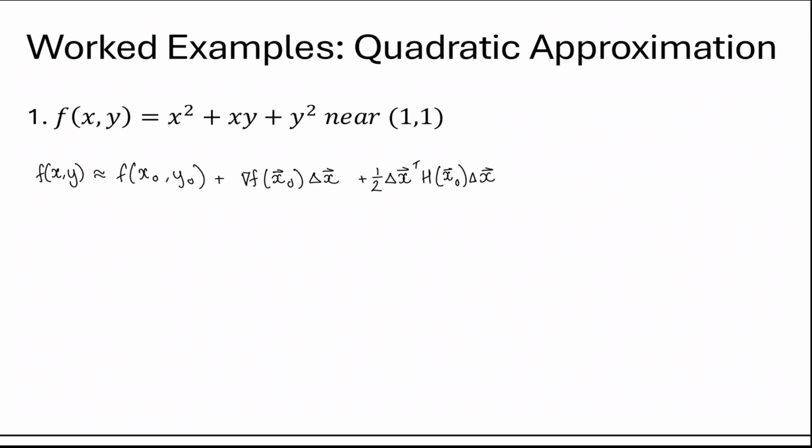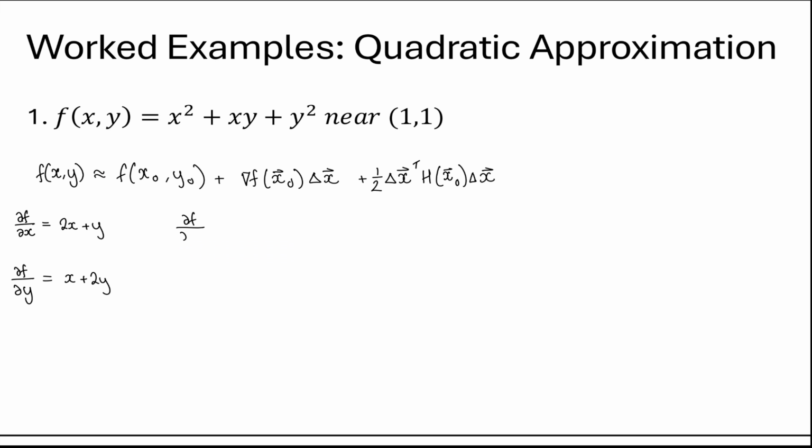So if we first begin by working out the partial derivatives, partially differentiating this function with respect to x, we get 2x plus y, and differentiating it partially with respect to y, we get x plus 2y.